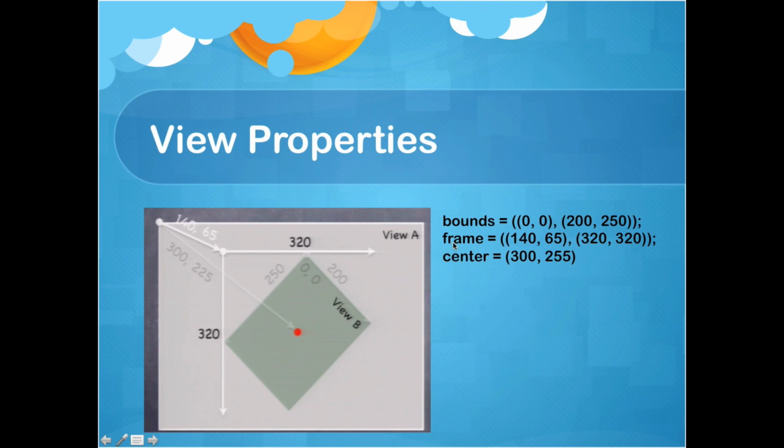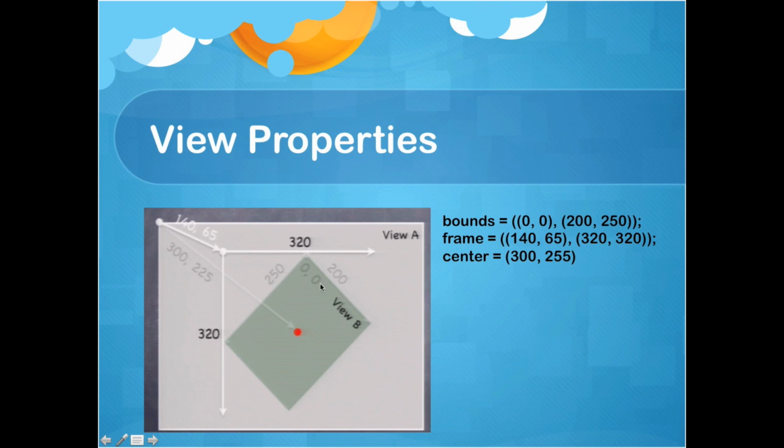But look at the frame. The frame of this rectangle starts from 140 and 65, which is here in the superview, and the width and height is 320 by 320. It's because we rotated this view, so the frame includes all of the rotation.